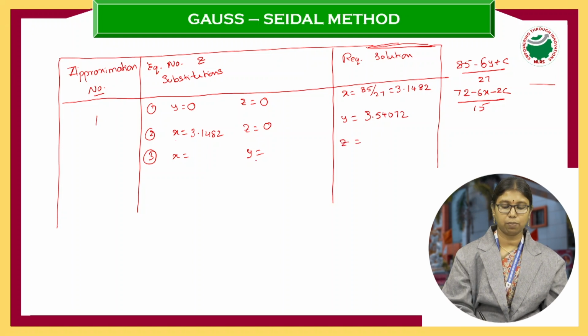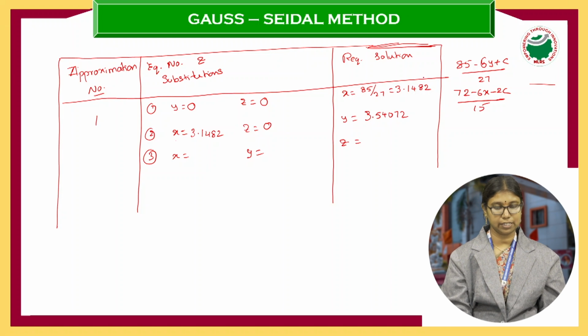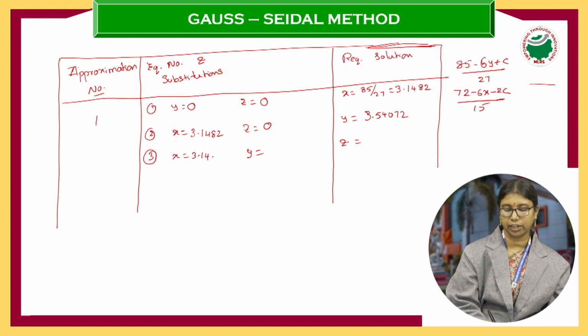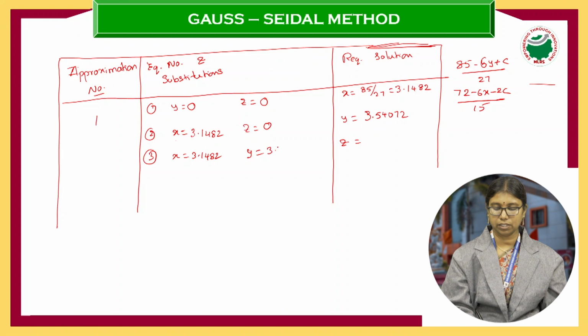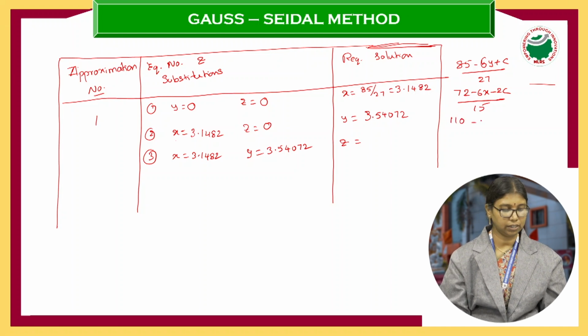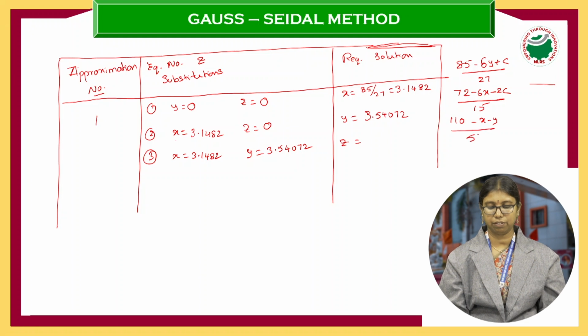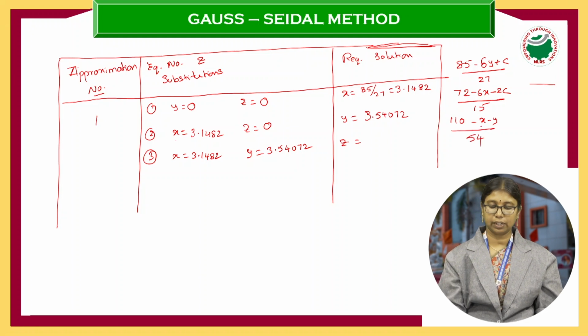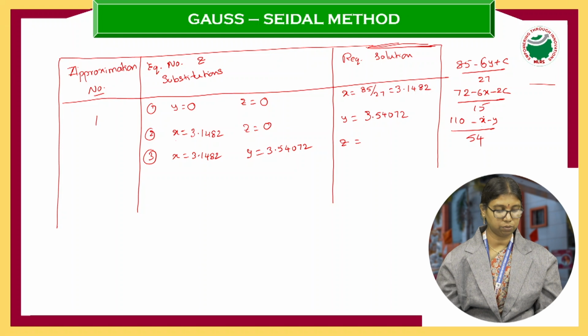Then in the third equation, we have to calculate z. It asks x and y. You know the x value and the y value. Latest x value is 3.1482 and latest y value is 3.54072. Again you type the third equation. So your third equation is 110 minus x minus 5 by 54. Here you press the calc button, then it asks x question mark.